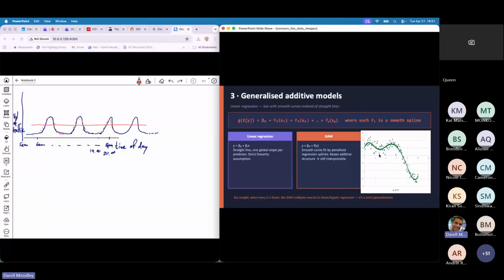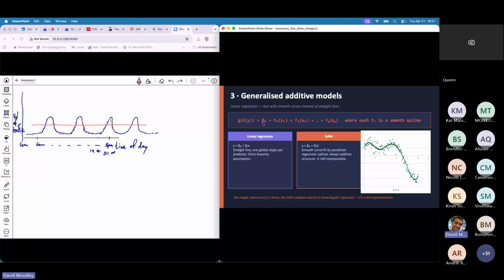This is another example. Your blue data points are not linear, they don't follow a straight line, but a GAMS model is the green line, and when you fit that to the blue dots, it does a lot better job. Now, it does it in an additive nature.